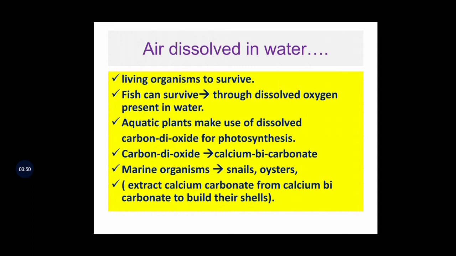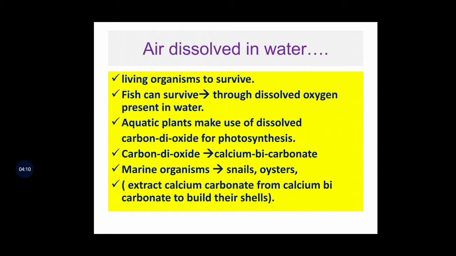When you talk about aquatic plants, the aquatic plants make use of dissolved carbon dioxide for photosynthesis. Then carbon dioxide dissolved in water reacts with limestone to form calcium bicarbonate.